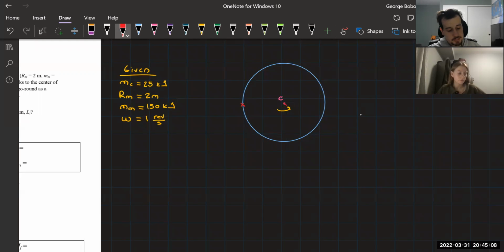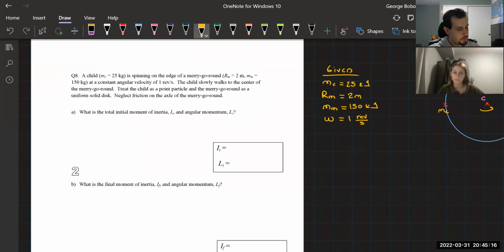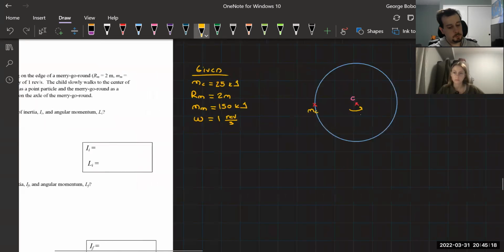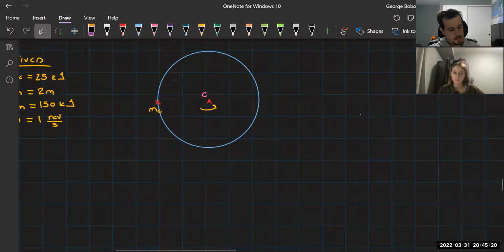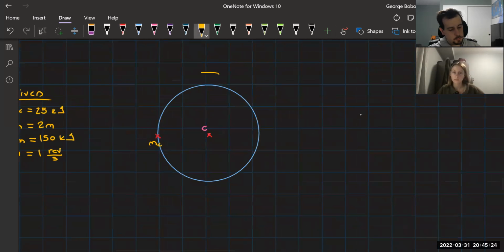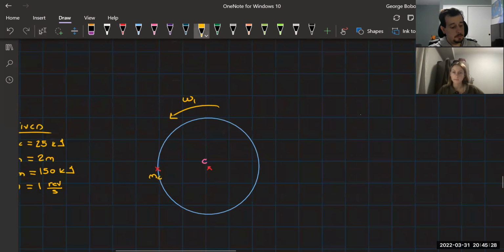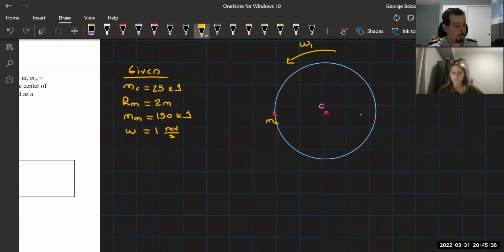The disk center of mass is there. She weighs MC. Why MC though? Oh, because it's a child. And we have them spinning again. I'm going to put the omega over here like that. This is omega 1 because we are in the beginning, frame 1. That's what I'm going to call it here too.